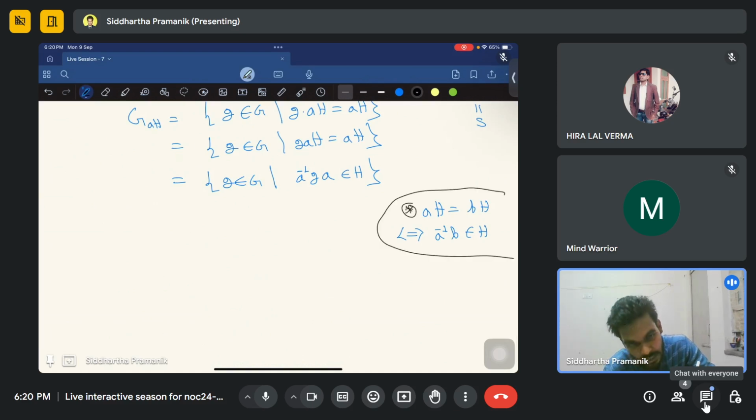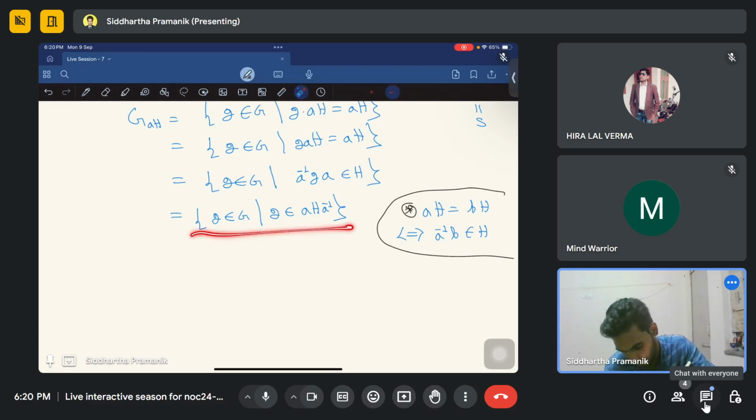This is a very basic fact about left cosets. And this is same as g belongs to G such that g belongs to a H a inverse. So what can we say about this set? So this is nothing but a H a inverse.